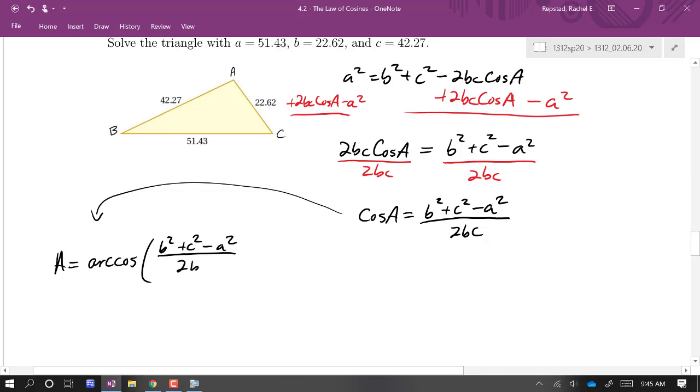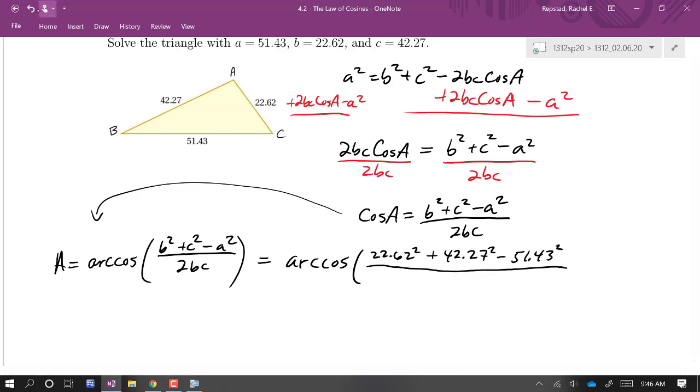We've got to be really careful when we plug this stuff in the calculator. Be careful with your parentheses. So if we plug in the values, b squared, 22.62 squared, plus c squared, 42.27 squared, minus a squared, 51.43 squared, all over 2 times 22.62 times 42.27.